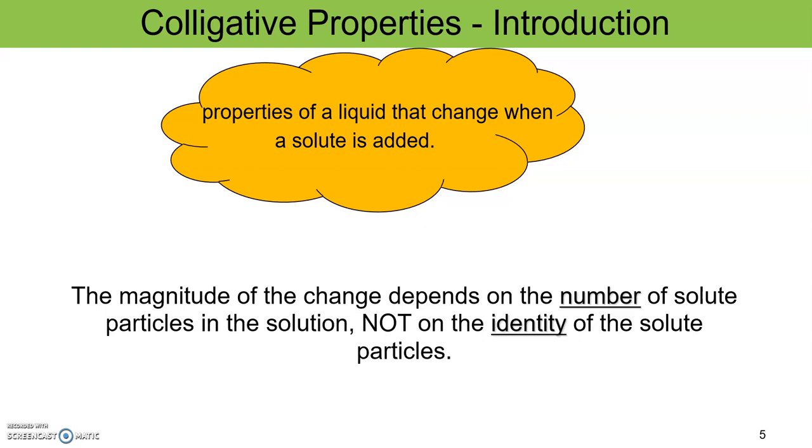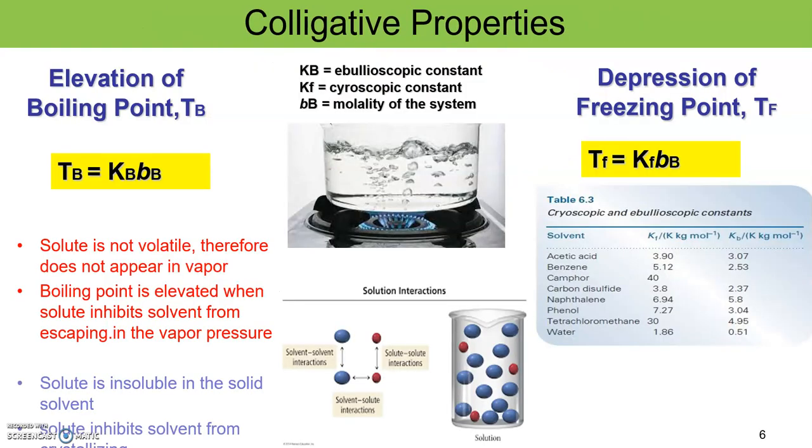So this is what colligative properties are: the property that changes when another element is introduced in the solution. This element we call a solute.